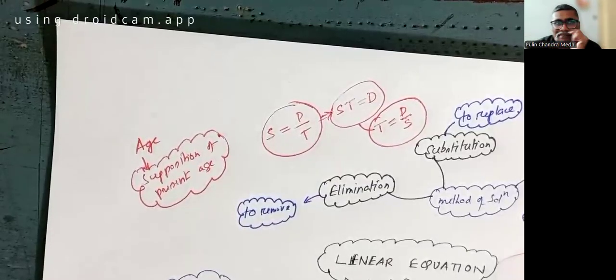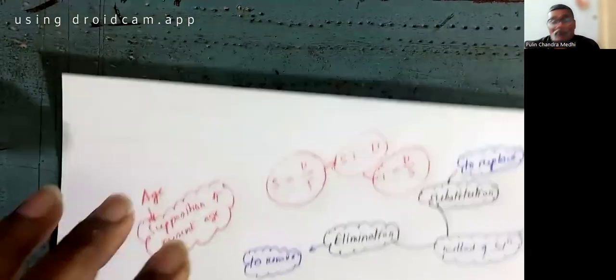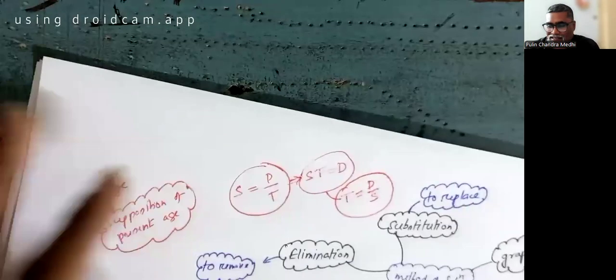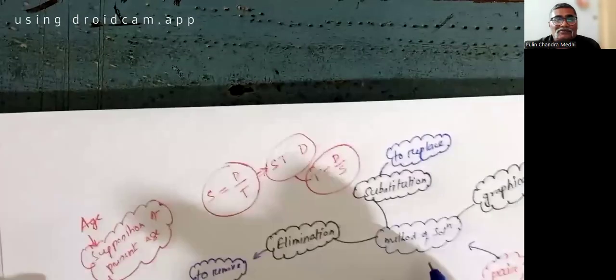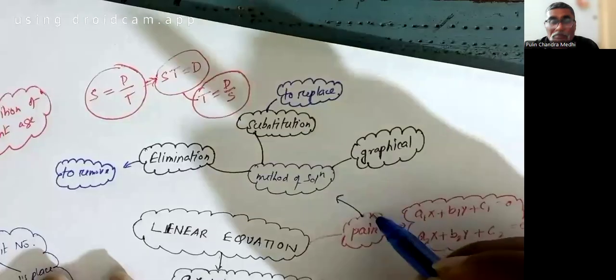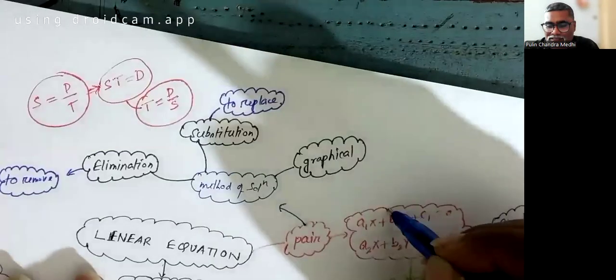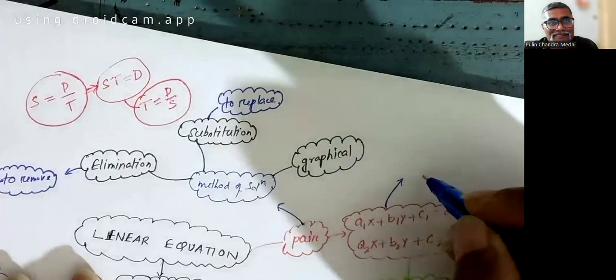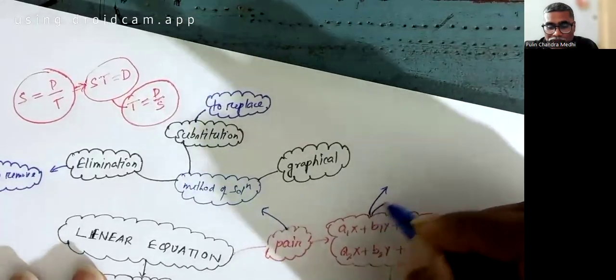So this way we have exhaustively taken all information except one. Now I have remembered, actually two very important words were there: consistent and inconsistent, right? So how I'll write, you see, we have written here method of solutions, right? So I'll write here only pair of linear equations. From here, two arrows will come out.